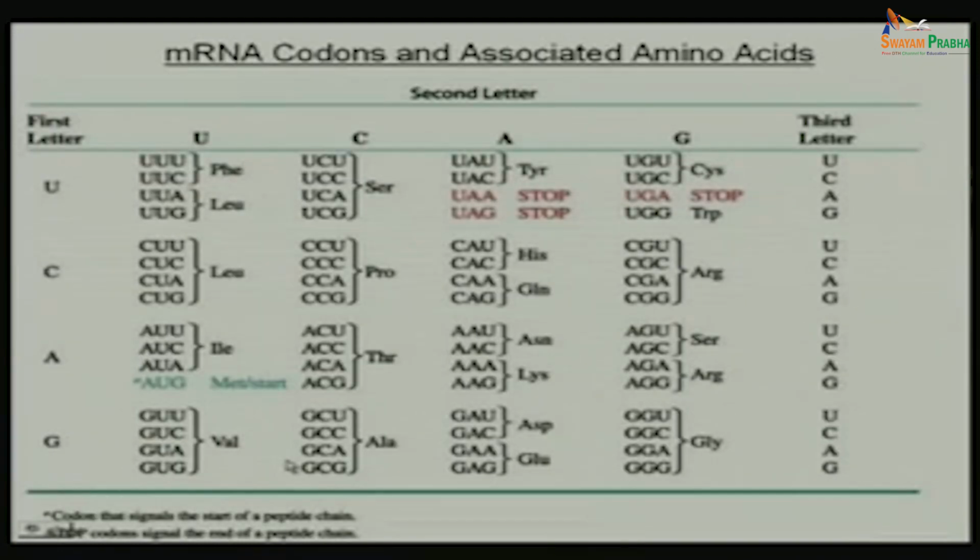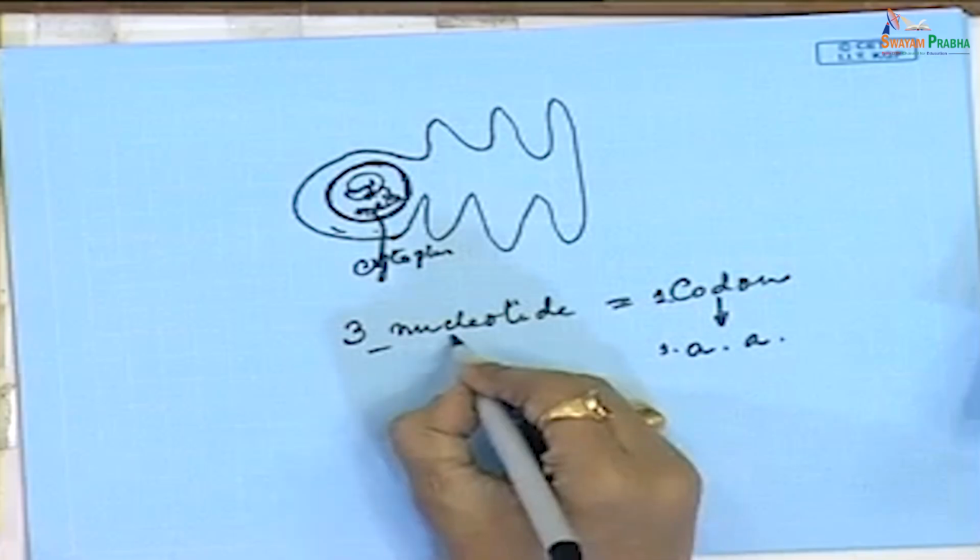Now, coming to the mRNA codons and associated amino acids. I have already told that these genetic codes are triplet codes.